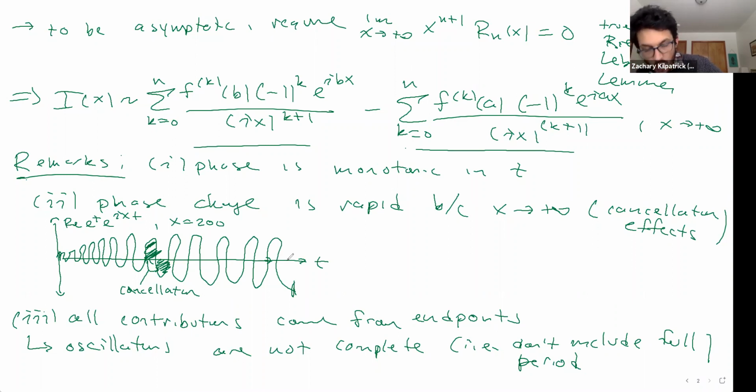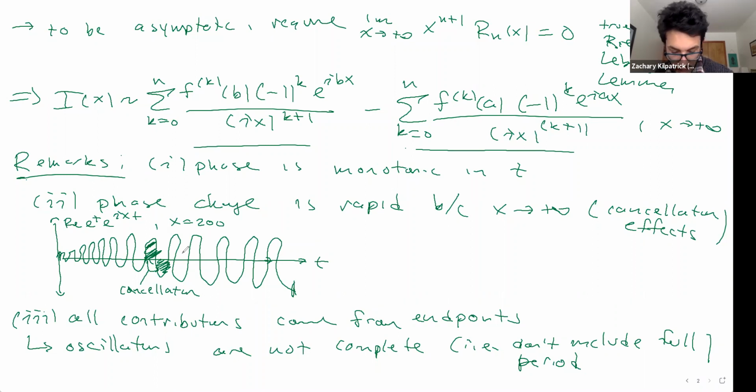Okay. Whereas the interior points provide you with these cancellation effects. Okay. So that's an integration by parts approach. We're still not really into stationary phase, and we've done this now for kind of the general case of some amplitude times e to the i x t. Okay.